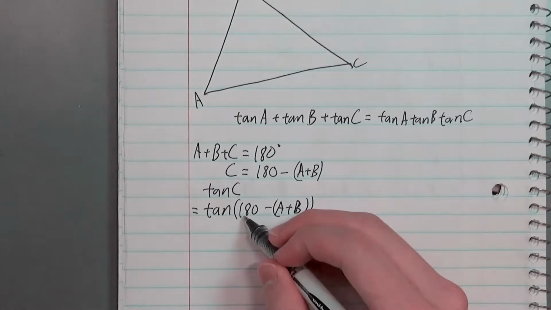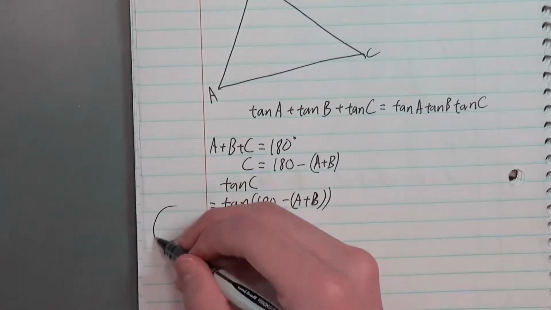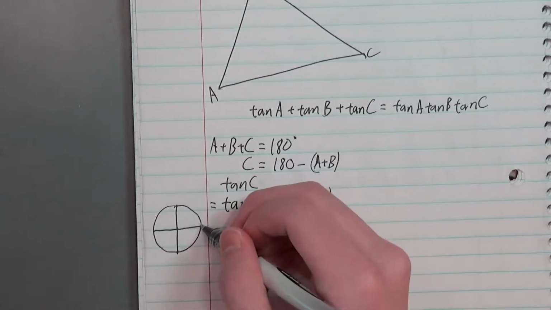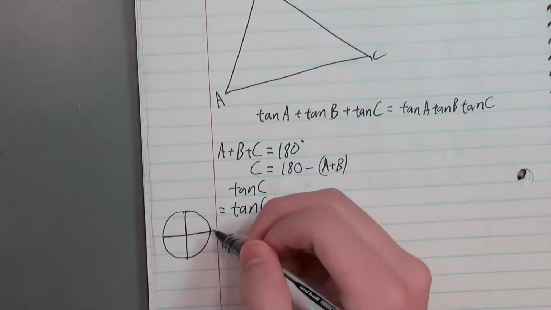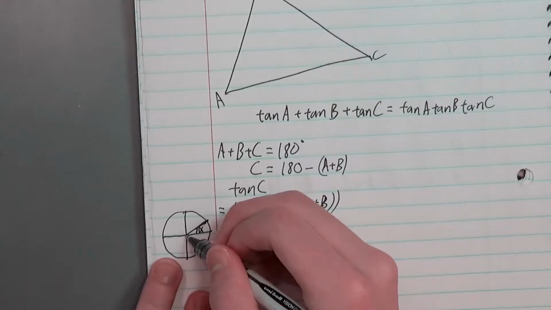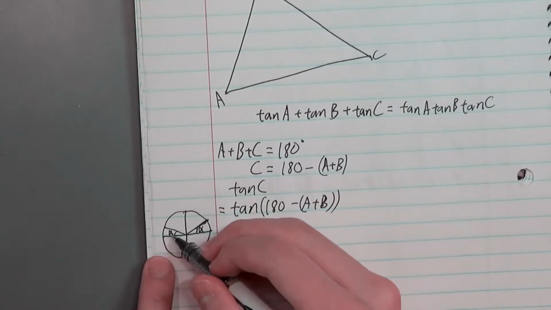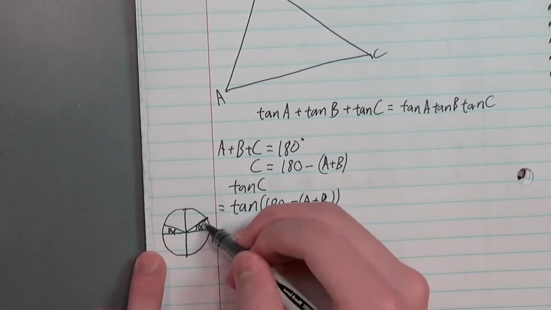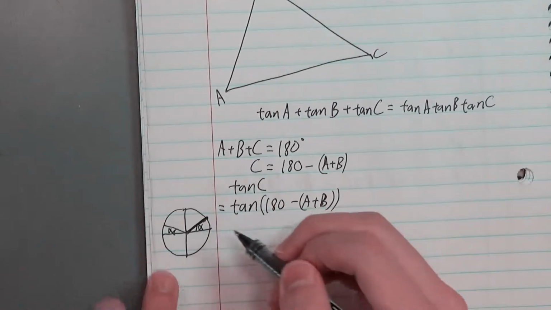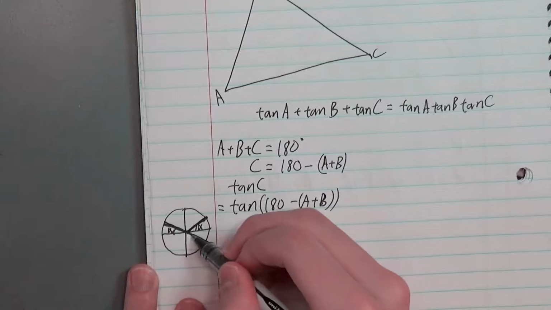And what's special about this 180 minus any angle? Well, we know, just off to the side, in any circle, if this is like a unit circle, and this was an angle, like alpha, and this was 180 minus alpha, because subtracting alpha from 180, the tangent, or the slope of this angle, is basically the opposite of the slope of this angle.